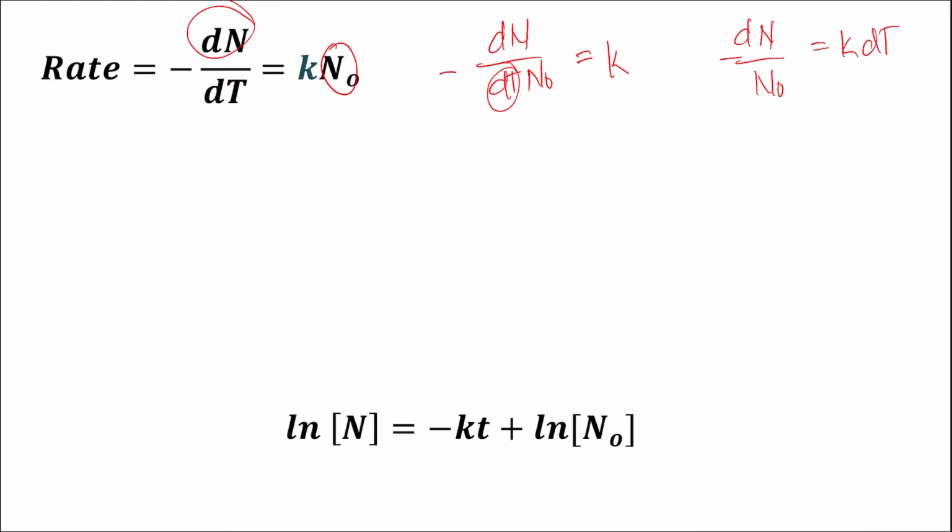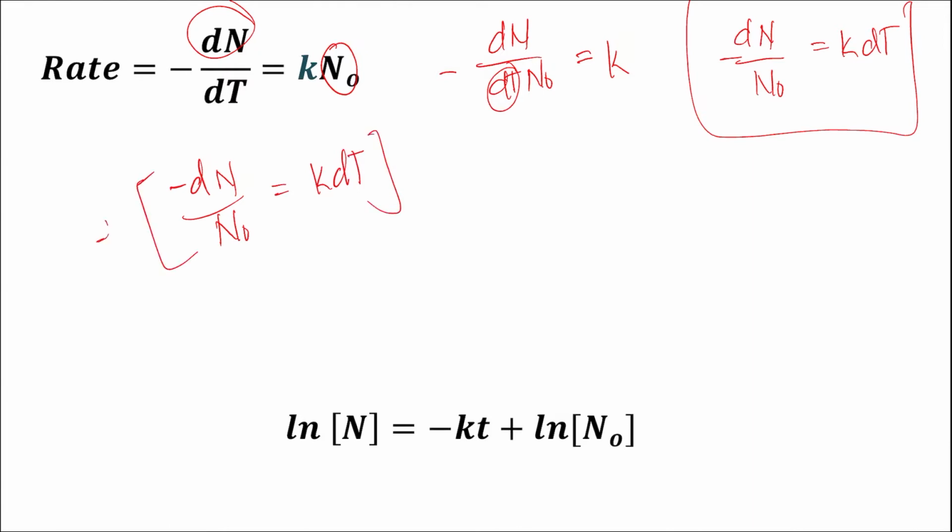So ito yung kailangan nating equation. That's negative dn over n equals k dt. Yung negative sign lilipat natin sa kabila, so we need to multiply both sides by negative 1. Nangyayari is dn over n equals negative k dt.